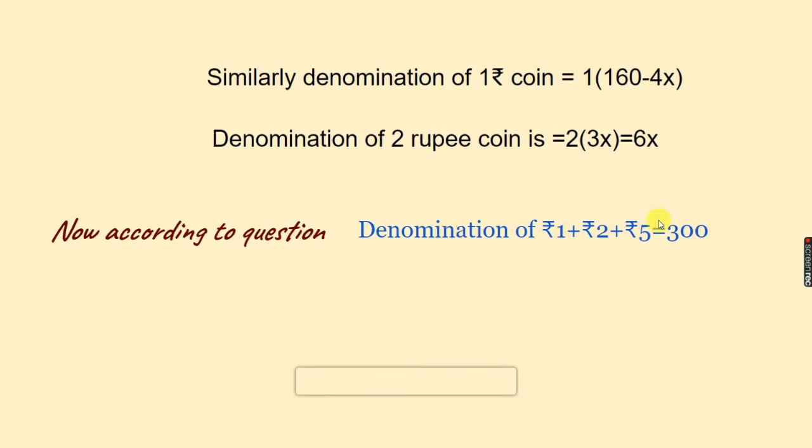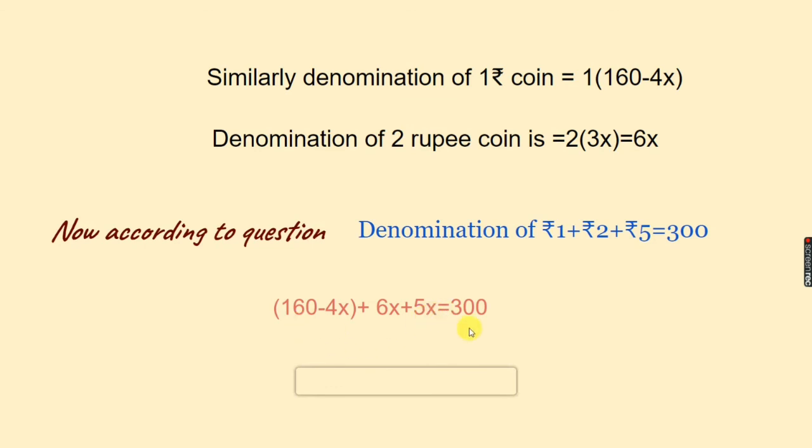So in this equation we would substitute the value of all three: denomination of rupees 1, denomination of rupees 2 and denomination of rupees 5. Here we go. The denomination of rupee 1 is 160 minus 4x, plus denomination of rupee 2 is 6x, plus denomination of rupees 5 is 5x.